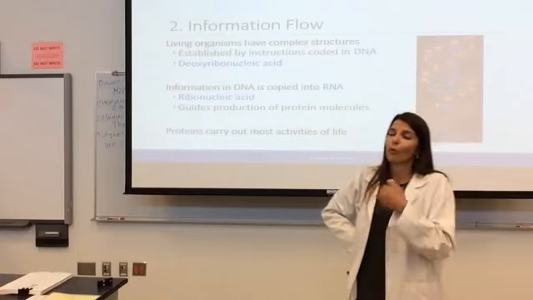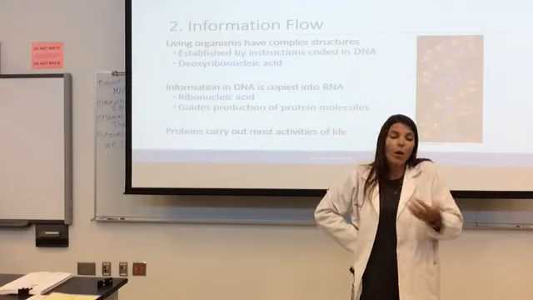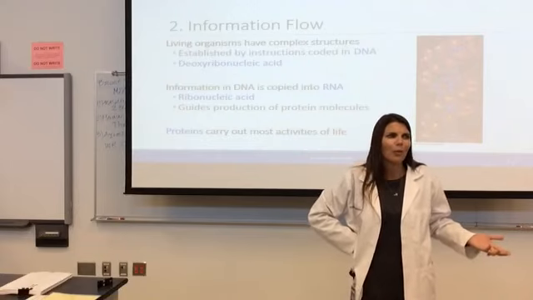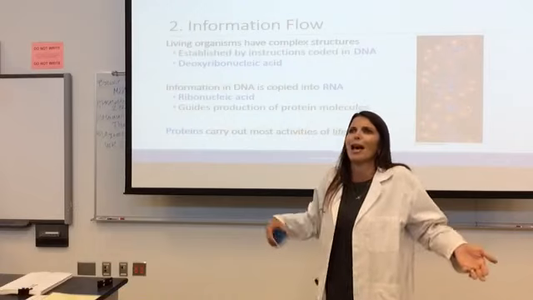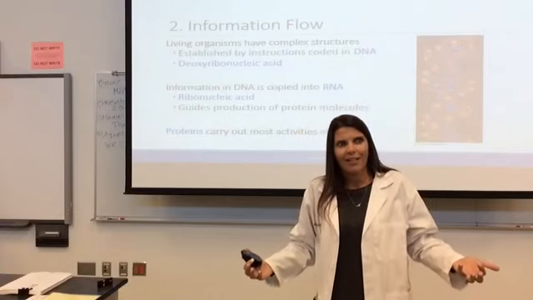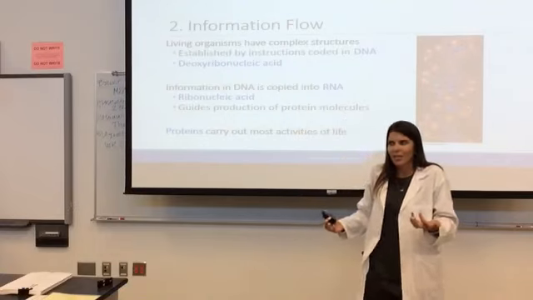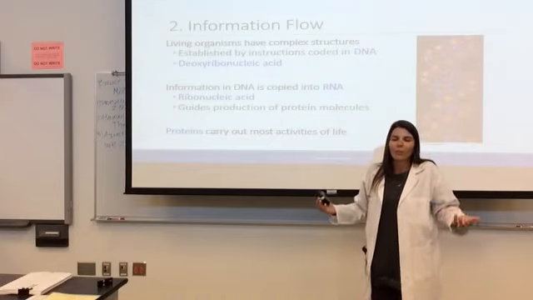I need you, before you leave me, to know how DNA works, what we even use it for. When you say it's in your genes, what does that mean? Obviously, you can see it, but what does it mean?